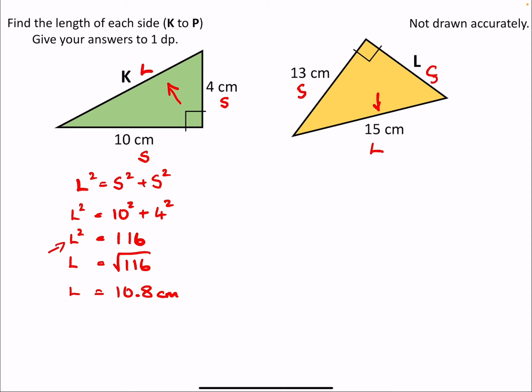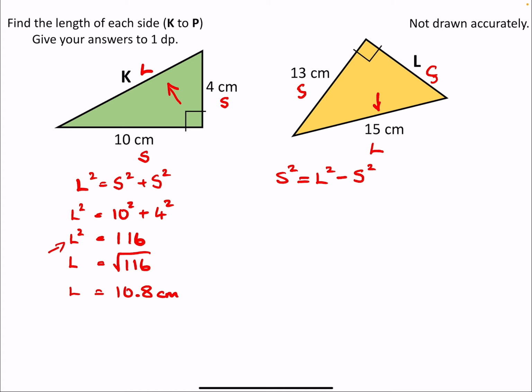So, I start Pythagoras theorem this time. I'm not going to write it down as long side squared equals. I'm going to start with, I want to find a short side squared. And if you remember from yesterday's lesson, to work out the short side, we are going to take the long side squared and subtract the other short side squared. So short side squared equals long side squared, take away short side squared.